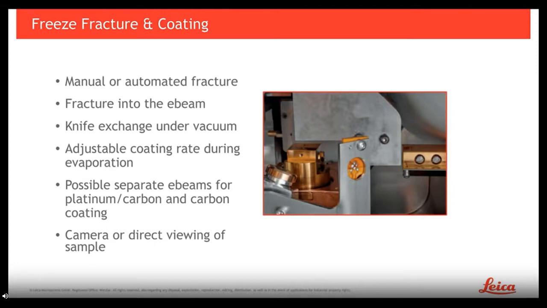The freeze fracture and coating can be done either through a manual or automated fracture, and even fracture into the E-beam, and the knife for freeze fracture can be exchanged under vacuum, such that multiple samples can be handled at once and maintained in that very controlled environment.